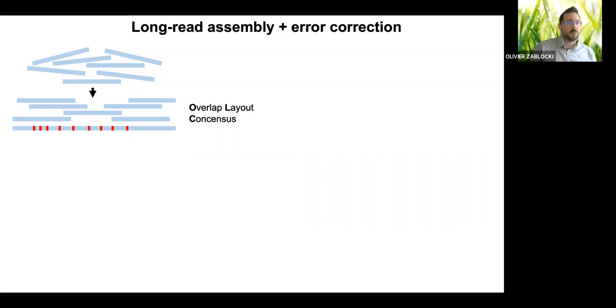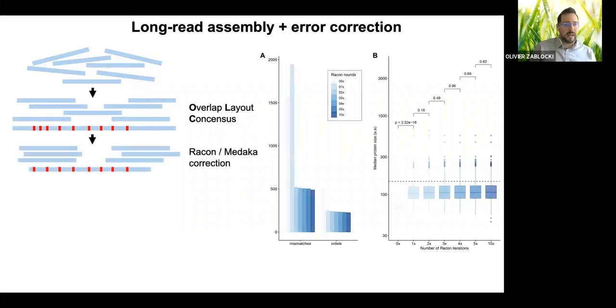And in here, the red bars represent errors that are present along this OLC-based contig. And then once this is assembled, we're going to try to remove these errors. And we'll use two tools that are independent of short reads. The first one is called Racon, and this is followed by another tool that's called Medaka.